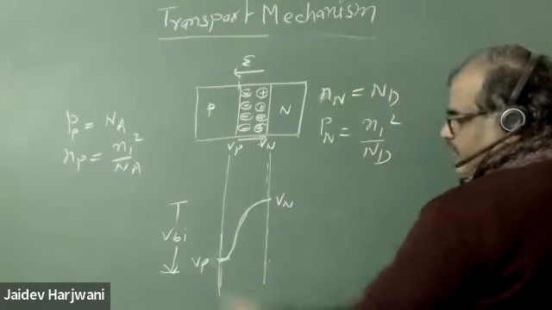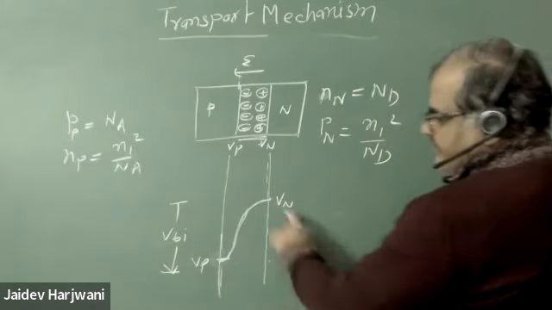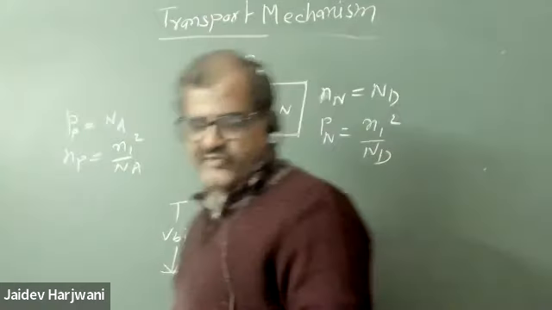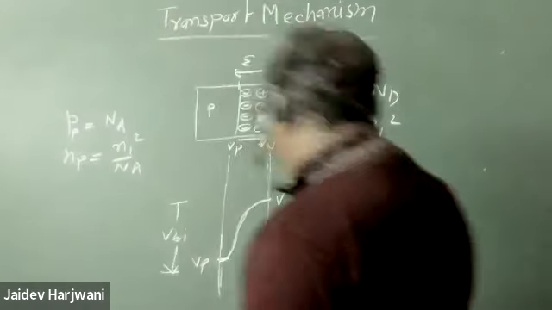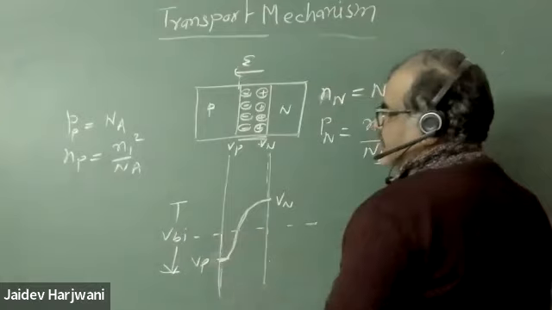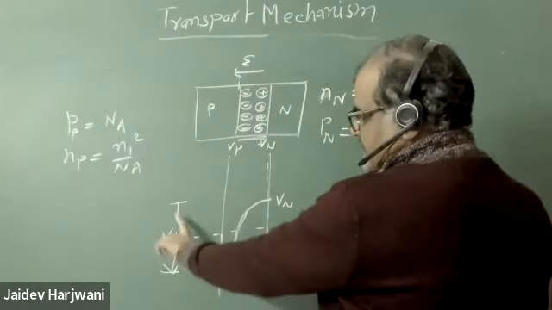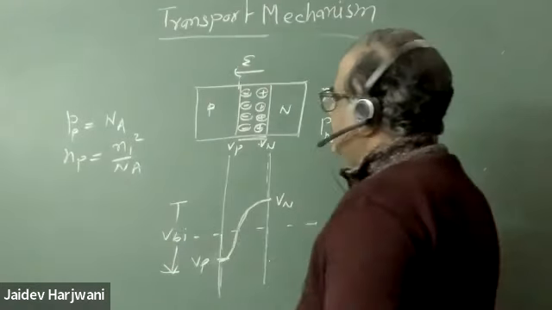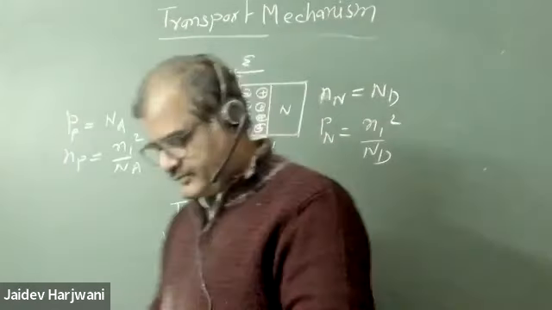Now I want to calculate this VBI. Since there is a potential, there is an electric field also, so we have to plot the electric field also. For the moment I am only plotting this potential. Now I want to calculate the value of this VBI. This is very simple.